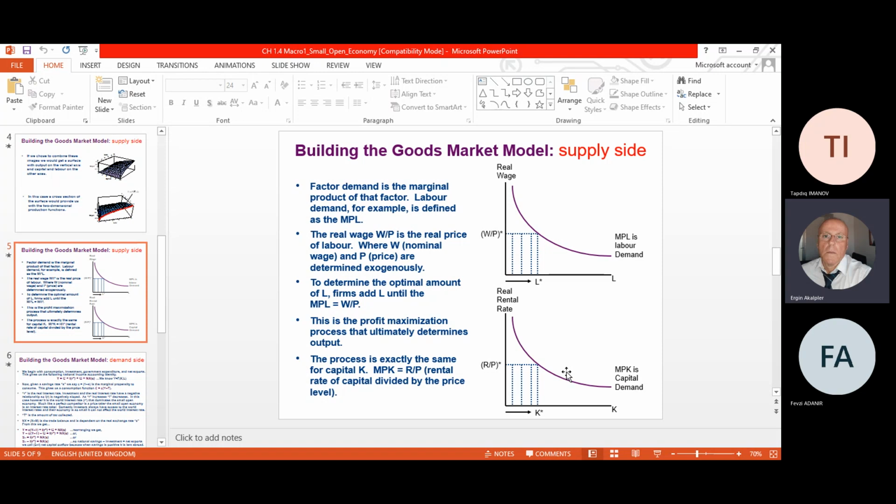Or if it is going down, then the labor demand is enlarged. As you know, in the minimum wage law, if you hold the minimum wage higher, the employer prefers to employ fewer people, and people become unemployed.